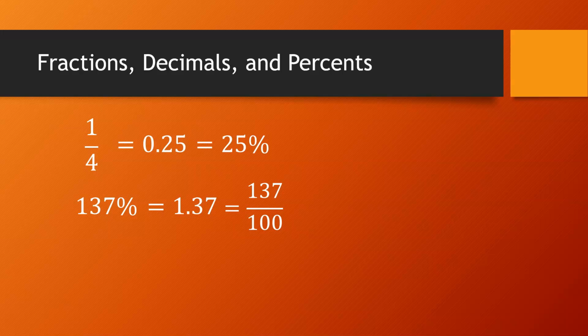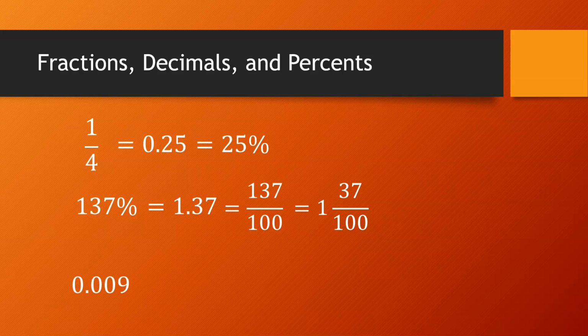Now to get that fraction, we can look at 137% and remember that percent means out of 100. So 137% is 137 out of 100, which is 137 over 100. And that can even be written as a mixed number, 1 and 37/100ths.